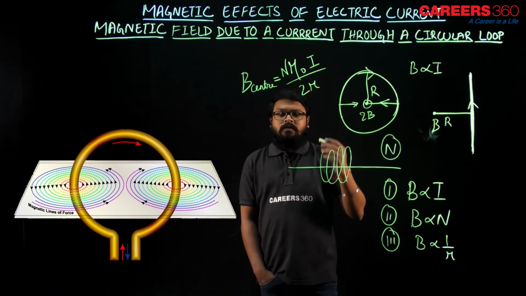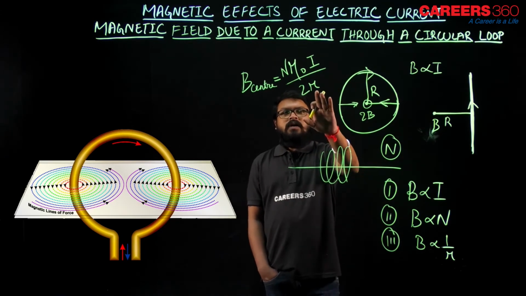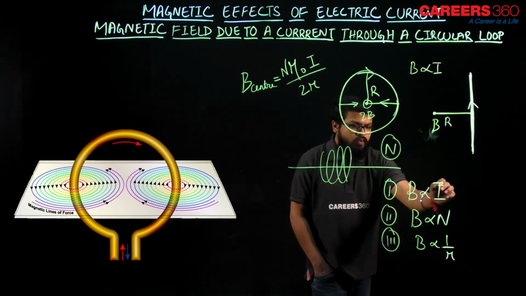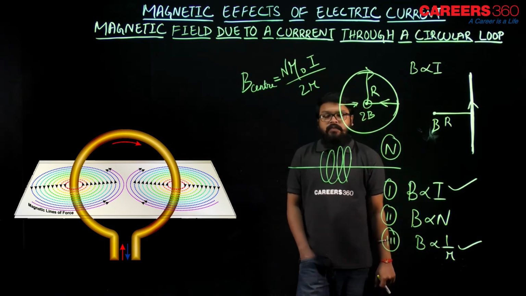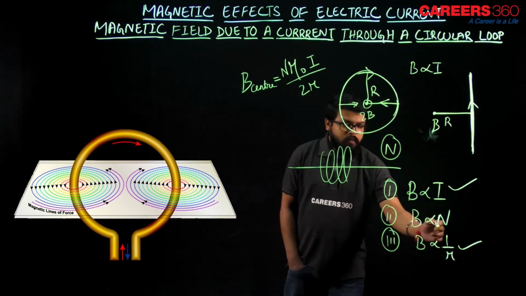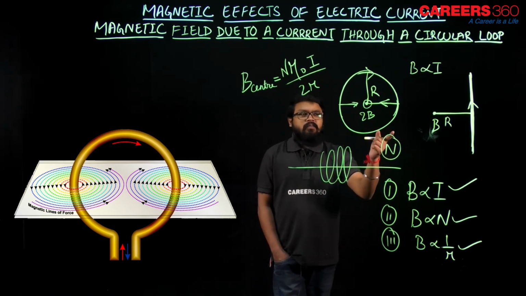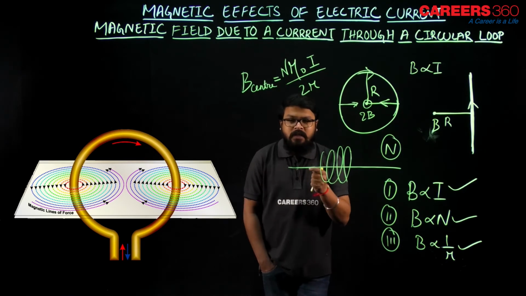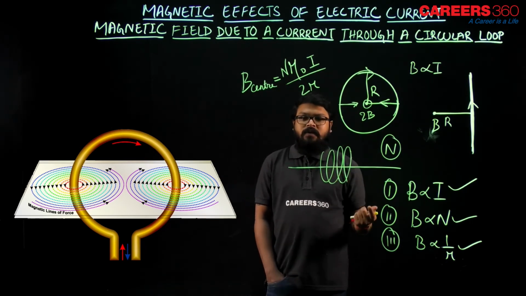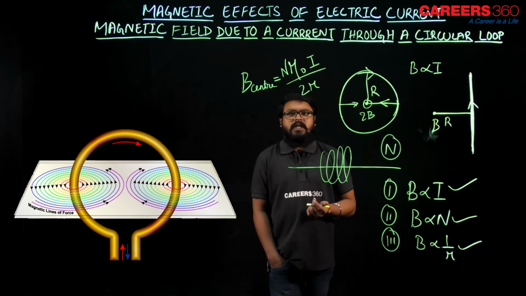Mu naught is the permeability of free space, or vacuum, and r is the distance. B proportional to I and B inversely proportional to r we have already seen, but how do we find that B is proportional to n? By bending the straight wire into a loop, and if we increase the number of loops, the magnetic field intensity at the center increases. I hope you got that right.